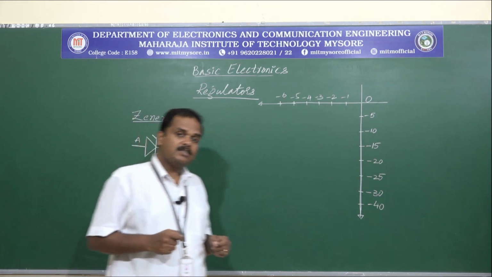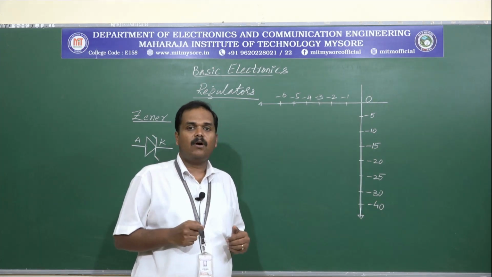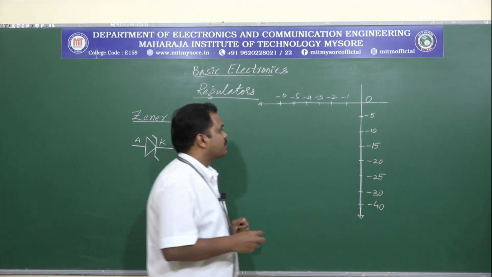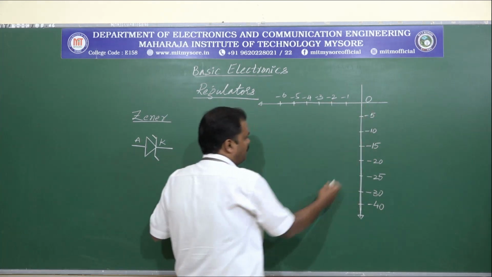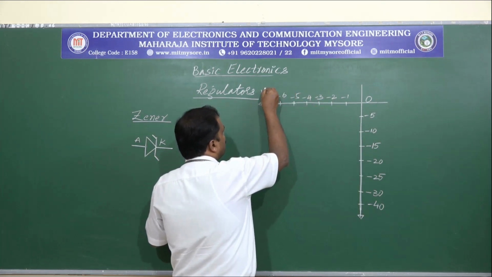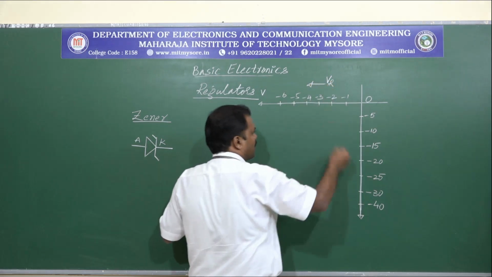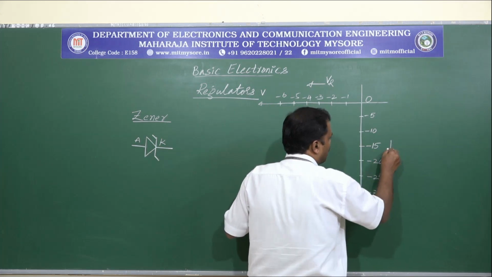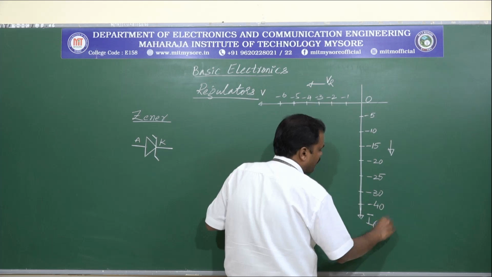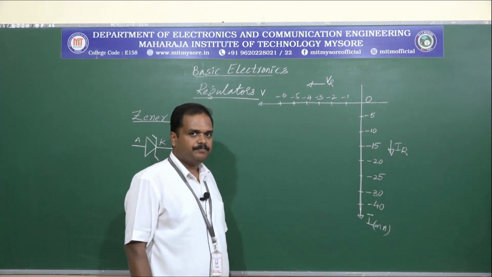The reverse characteristics of Zener diode look similar to the reverse characteristics of any PN junction diode. So let us draw the reverse characteristics of the diode. This is the third quadrant, and the x-axis represents the reverse voltage, and the y-axis represents the current in milliamperes, the reverse current IR.